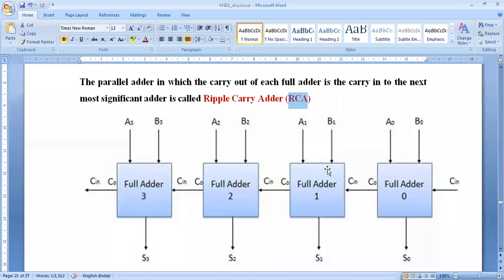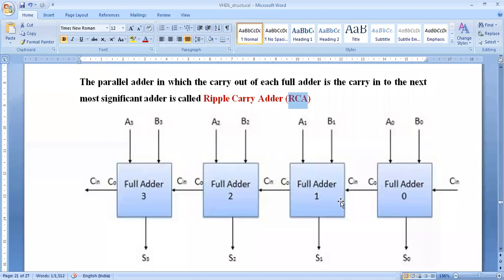Slow, sir. Slow, right. The reason is that the carry out of one adder circuit is connected as the carry in of another circuit. Therefore, to get your final carry out value, it depends on the delay of the circuit.